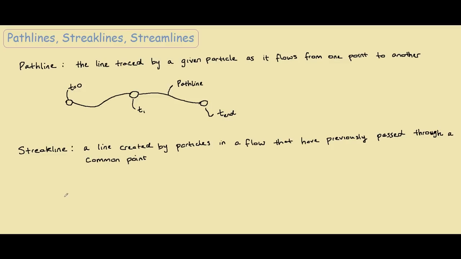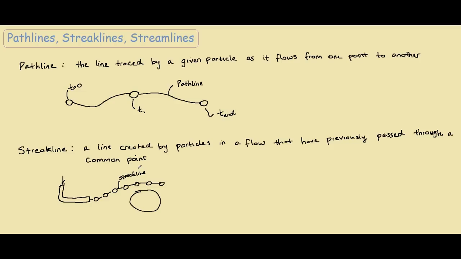So let's say we have some injection point, let's say a pipe, where you put in some dye continuously, and you have one particle here, another particle here, another particle here, and so on. Say there's a cylinder here. These particles all passed through a common point before, which was here. So you would consider this line a streakline.